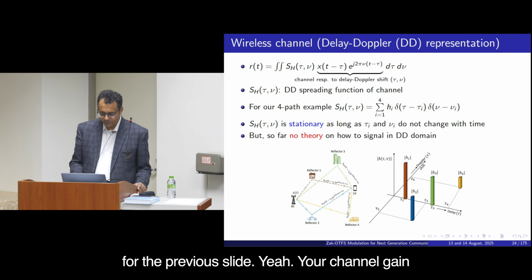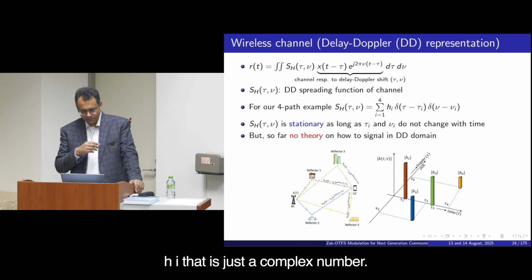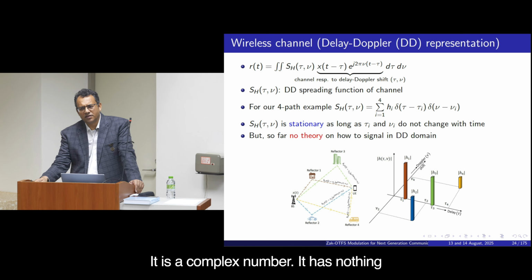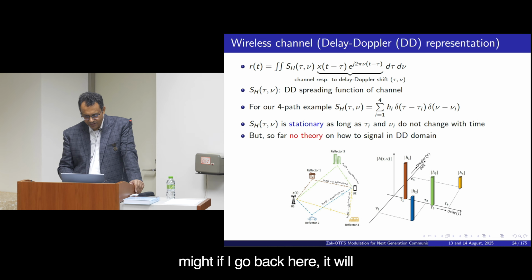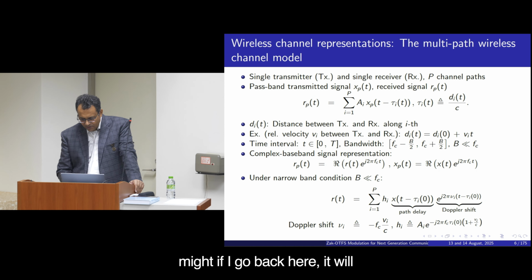That's the one question for the previous slide. Your channel gain h_i, that's just a complex number. It has nothing to do with the time... It might, if I go back here, it will depend.